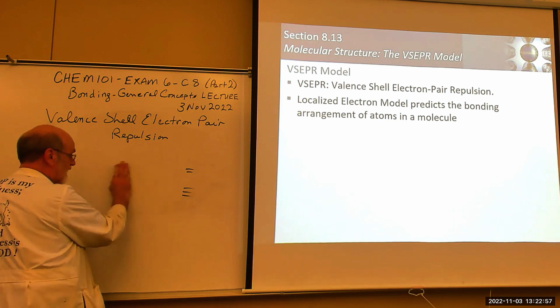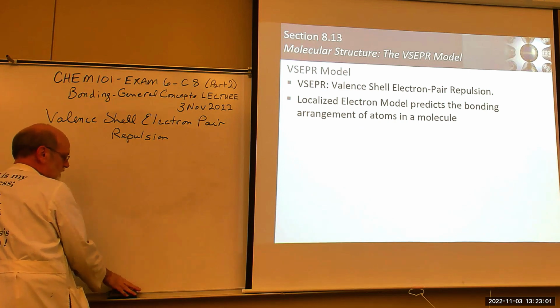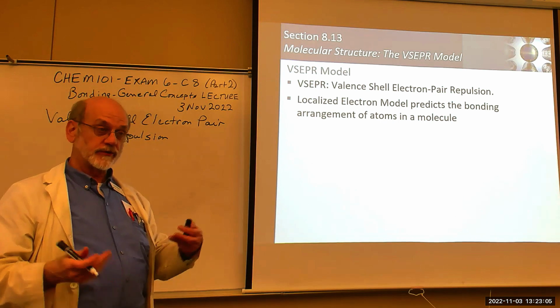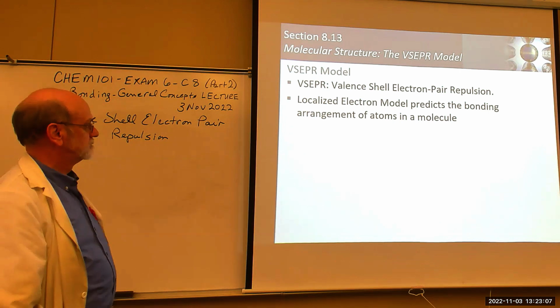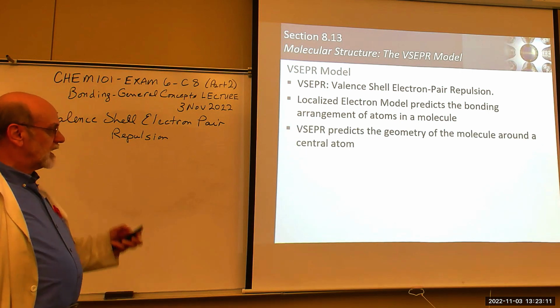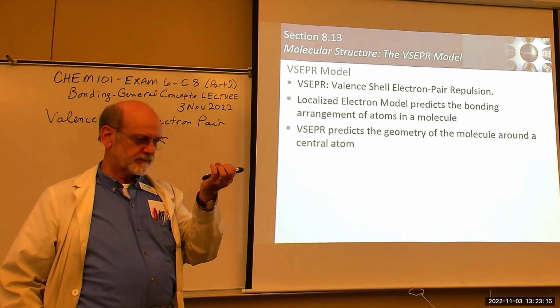And this is still based upon the localized electron model. Those electrons are owned by the atoms and their orbitals that are being bonded. The geometry is always relative to the central atom.